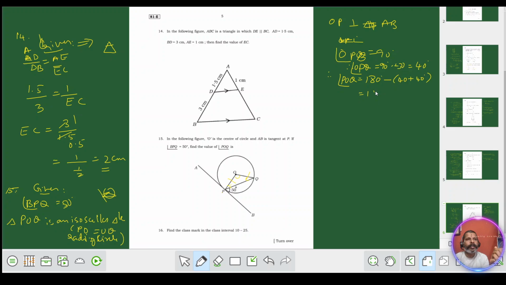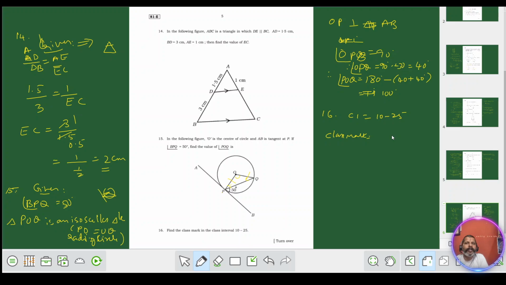Let's move on to the last question, 16th one. Find the class mark in the class interval 10 to 25. The class interval given is 10 to 25. What is class mark? Do you know?